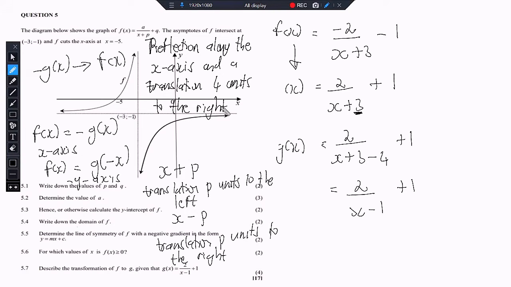Understand that it is a reflection along the x-axis and a translation 4 units to the right, because we had to say minus 4. So if we say minus 4, it is to the right. If we had said plus 4, it would be to the left, right? I hope all of that makes sense.